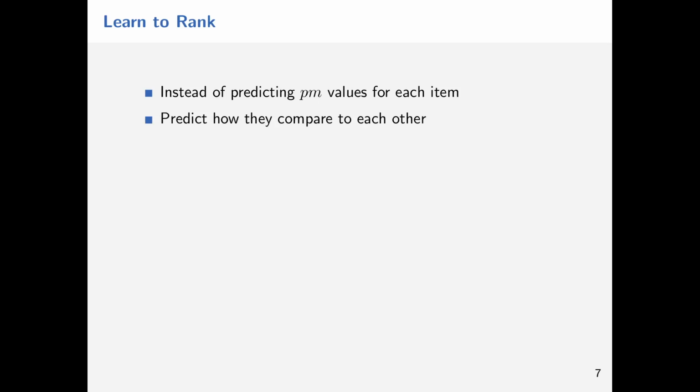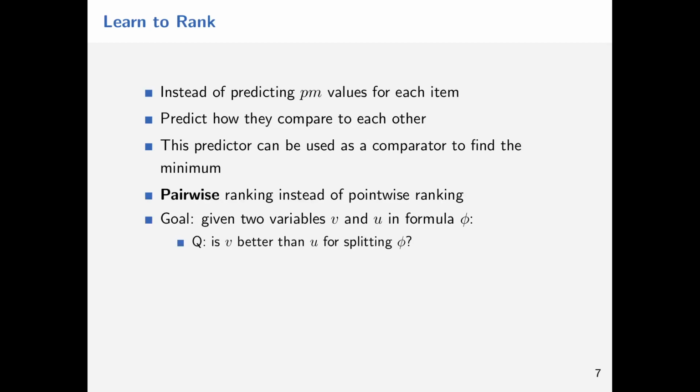We don't need to know exactly what the runtime should be, because the number doesn't matter; we only need to know if this variable performs a better splitting than the other one. If we train such a predictor, it can be used as a comparator to find a minimum element in the list of candidates. And this forms a sort of pairwise ranking instead of a pointwise ranking.